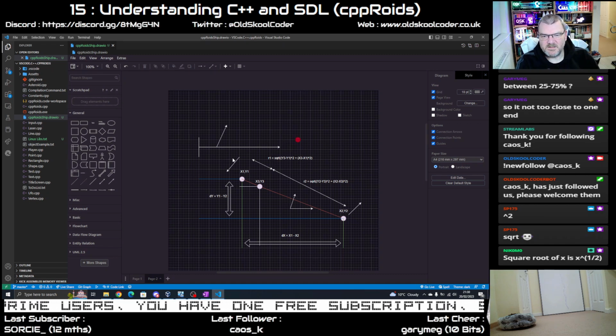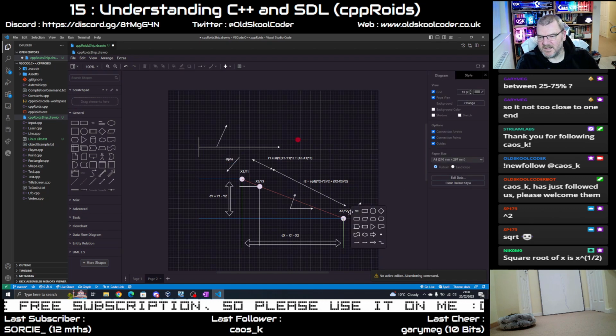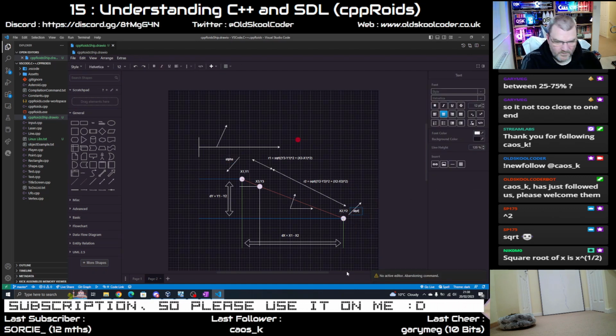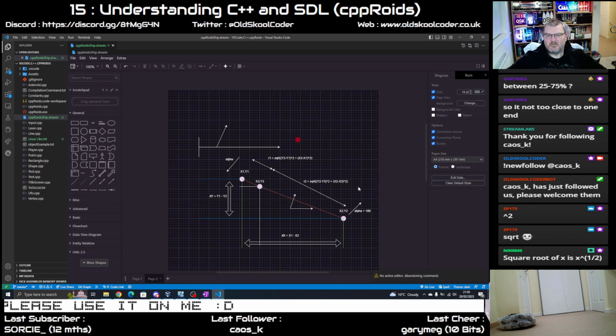So if this is alpha, the angle alpha, then this needs to be alpha plus 180 for the direction, for the angle.